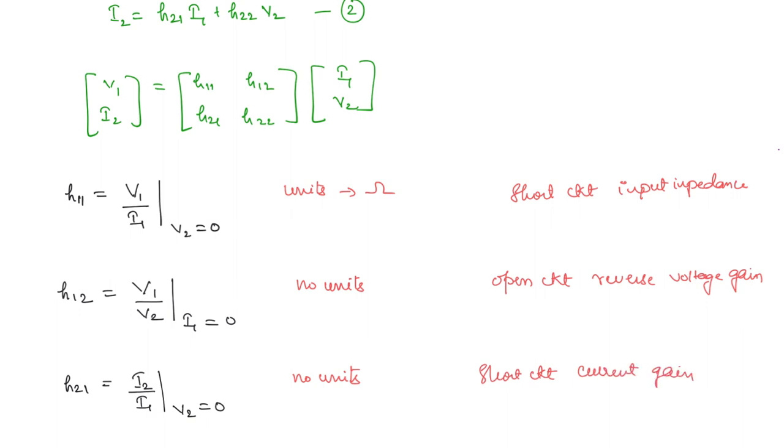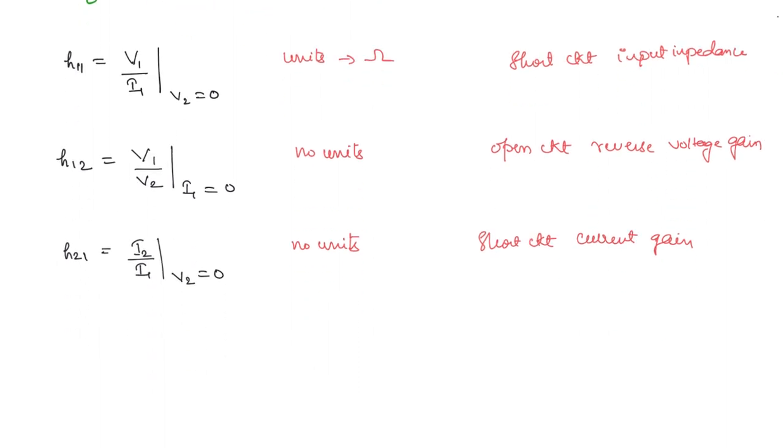And finally H22. This is I2 by V2 under the condition I1 is equal to 0. What about the units here? The units are that of admittance, which is mho or Siemens. And what about its name? It is an open circuit parameter and it is an admittance. Which side admittance? Output side admittance.